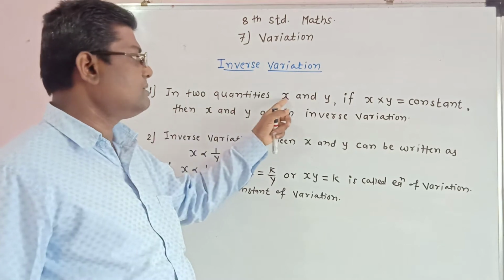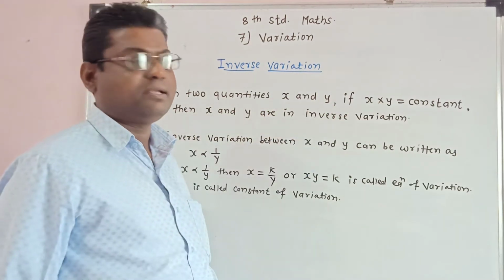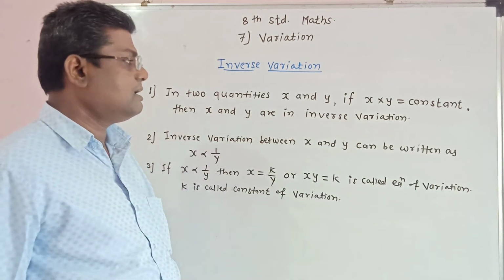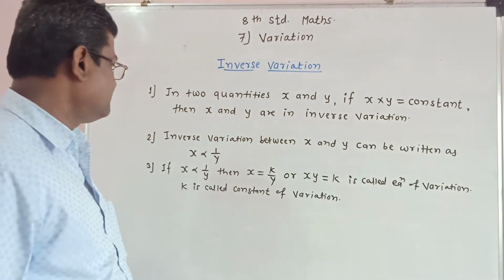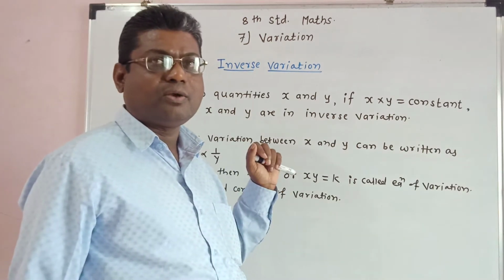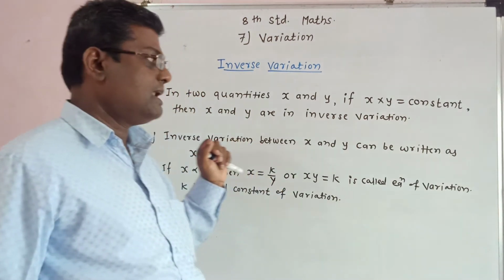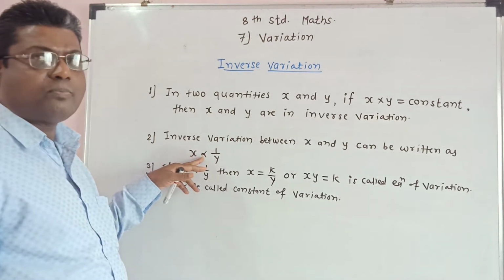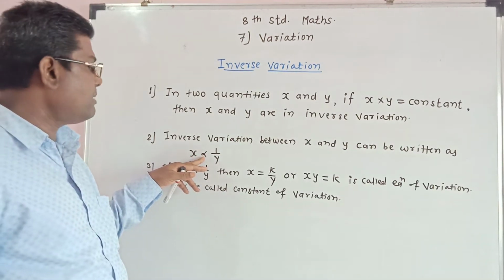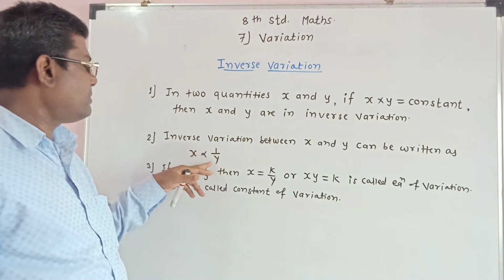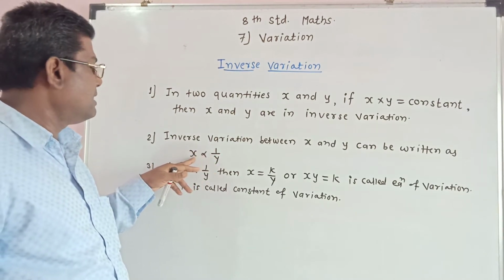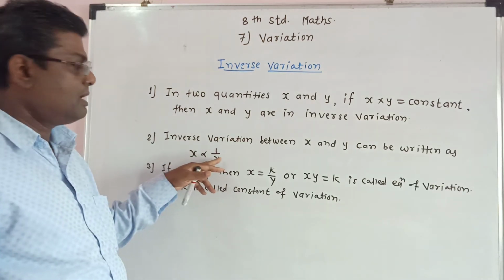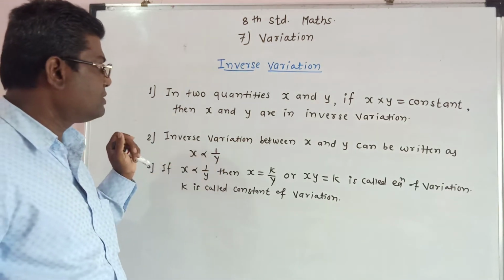Inverse proportion between x and y can be written as x, then the symbol of variation, alpha, then 1 upon y, and read it as x is inversely proportional to y.